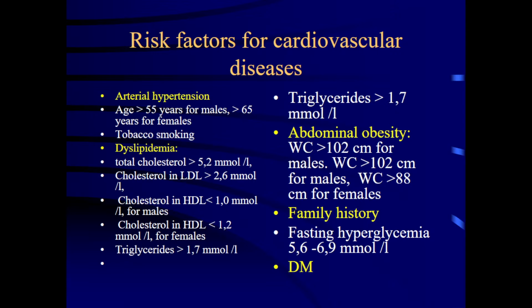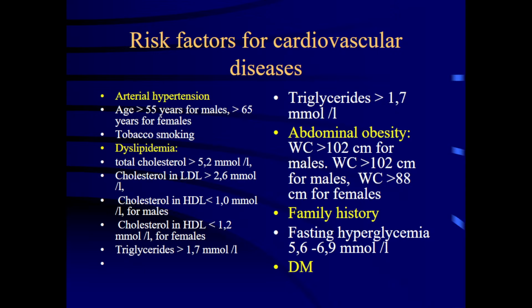We have to detect the waist circumference, and if waist circumference for female is not more than 80 centimeters, it's normal. For males, not more than 94 centimeters. And you can see slightly different criteria for abdominal obesity.